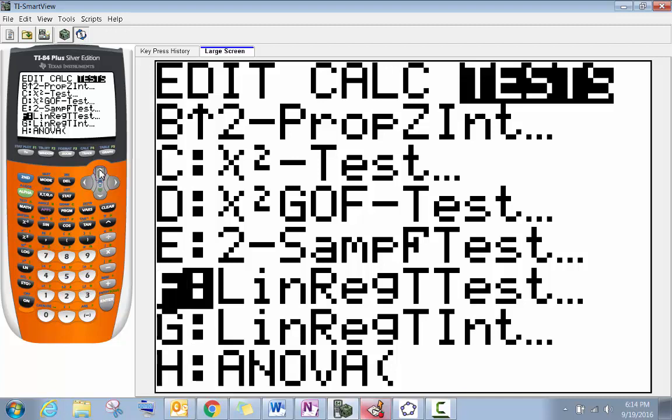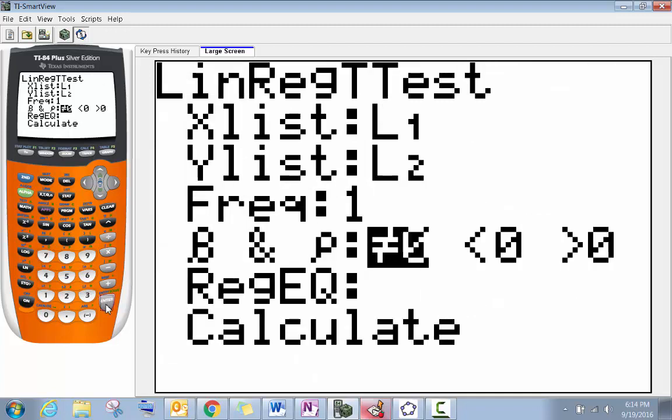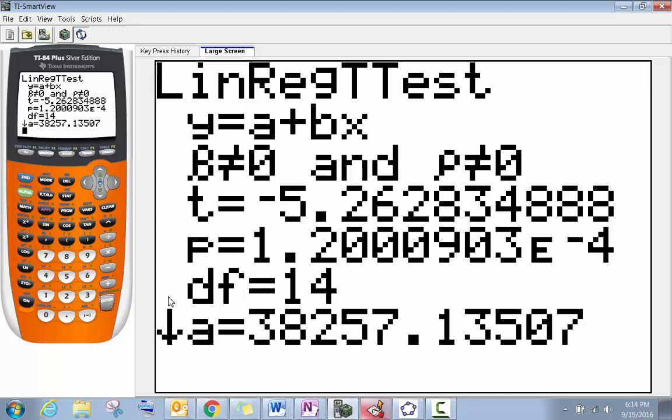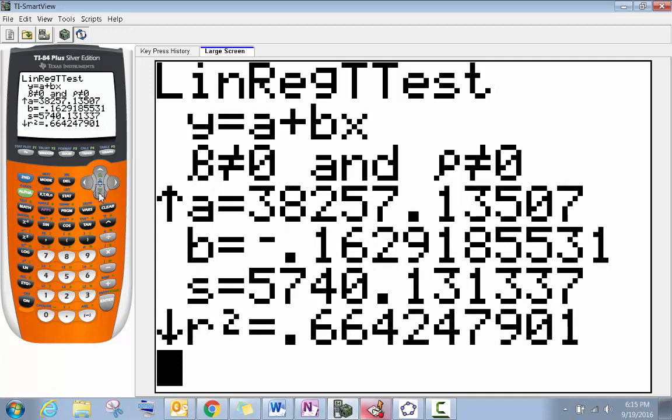We go to linear regression t-test. Don't worry what all that stuff means. Just go there. X list and Y list, L1, L2, and then just go to calculate. Don't worry about anything else. And there is our S value, 5740.13.